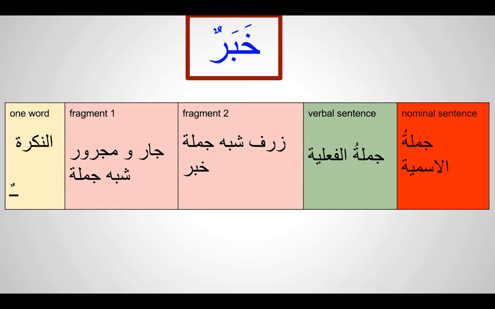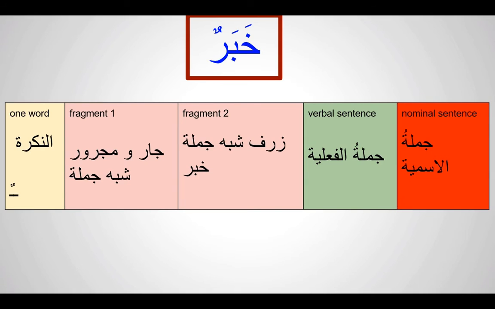And we also learned, alhamdulillah, about zarf, tahta, fawqa, qabla. That itself is a khabar for the noun. And in the previous example, we learned that a khabar can be the whole verbal sentence, jumlatul fi'liya, like Ahmadu dhahaba ila al-jamia. Ahmad went to university.